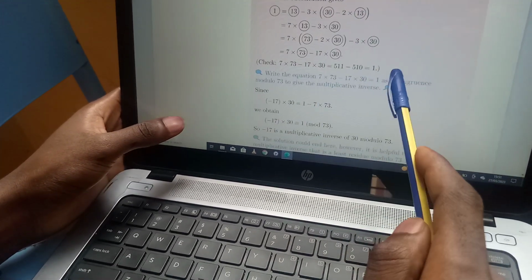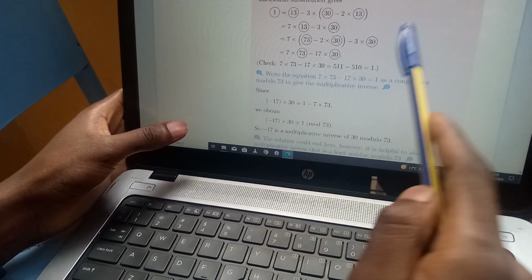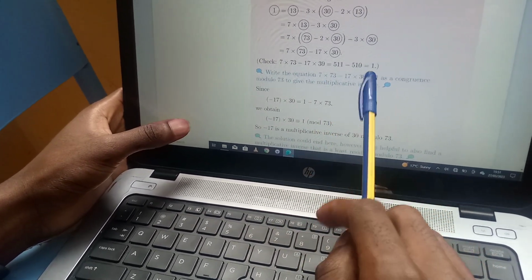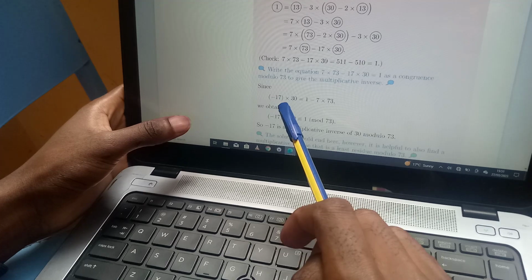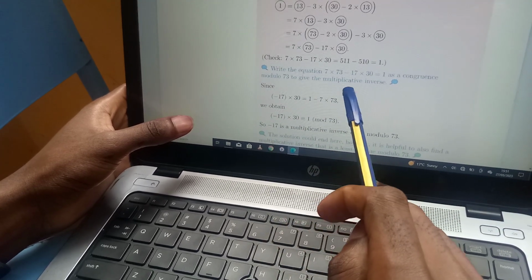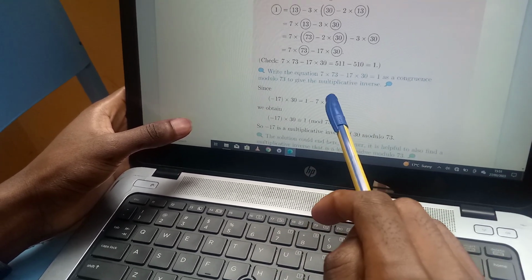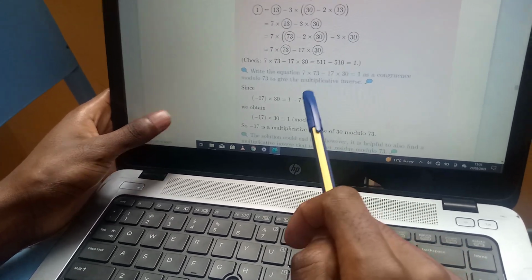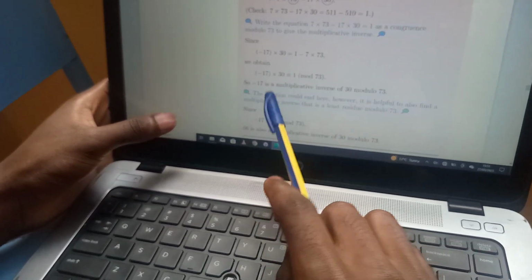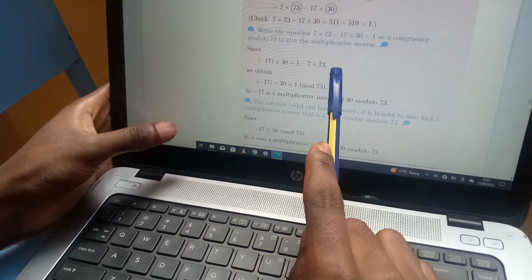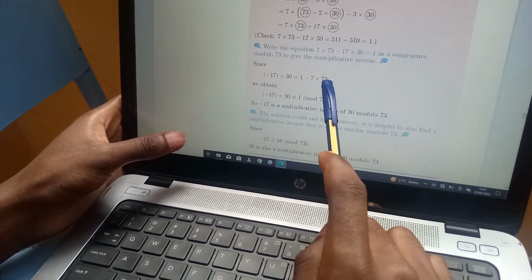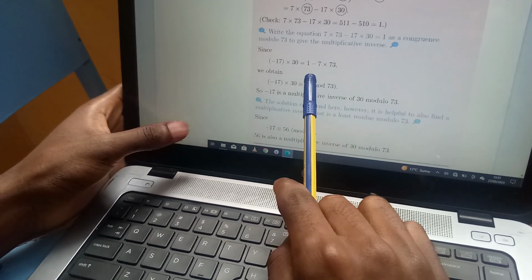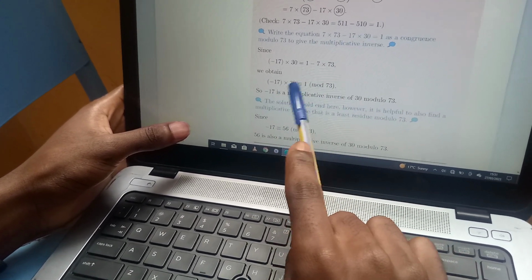If it was 1, we rearrange this equation so that it becomes A congruent to the least residue, modulo n, which in this case is 73. So the equation has been arranged here. This 73 is the modulo. 1 is the least residue, that should be 1, and that is how it becomes.